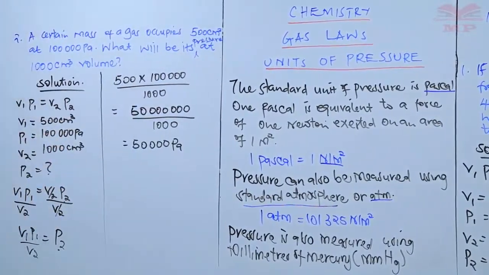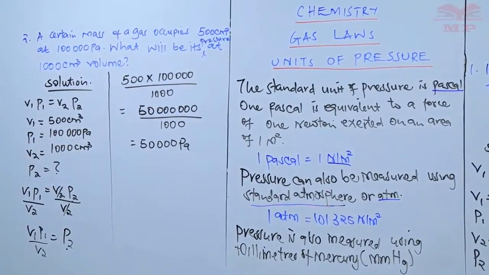The second example was: a certain mass of a gas occupies 500 centimeters cubed at 100,000 pascals. What will be its pressure at 1,000 centimeters cubed volume? And again, expression V1 P1 equals V2 P2, where V1 is 500 centimeters cubed, P1 is 100,000 pascals, V2 is 1,000 centimeters cubed, then P2 we don't have, and that is what we are calculating.